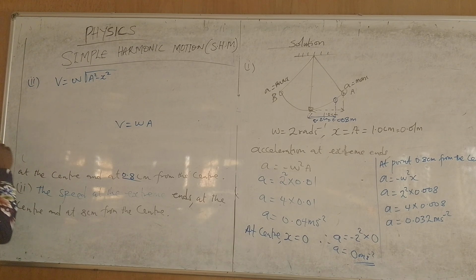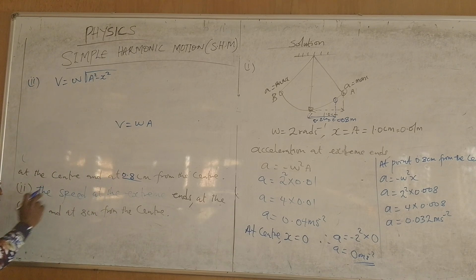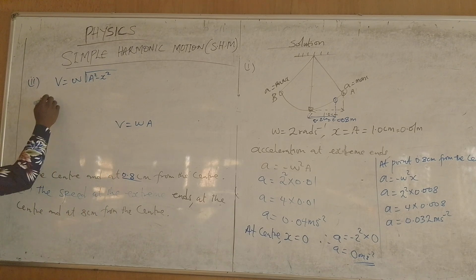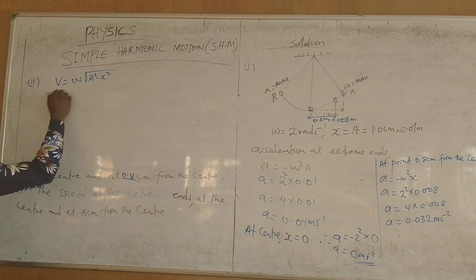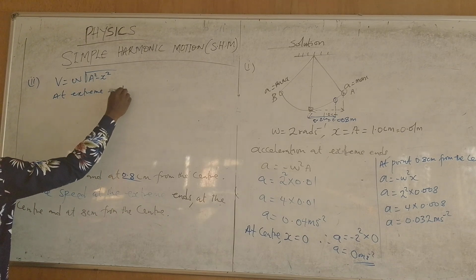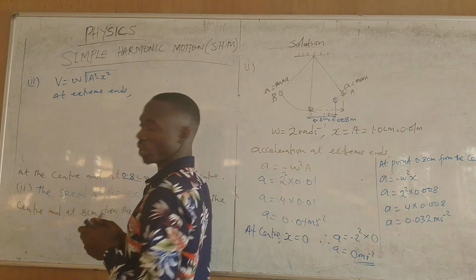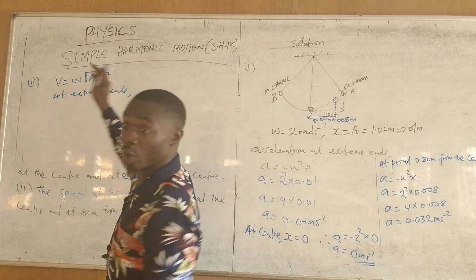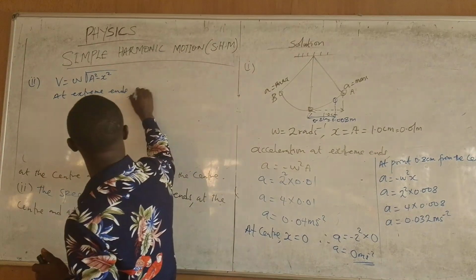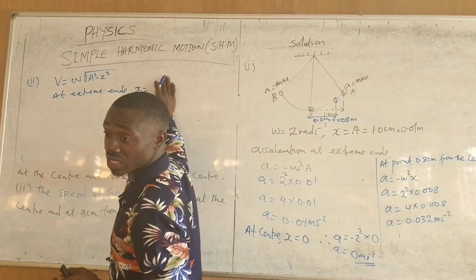Okay. v will now be equal to what? At the extreme ends. So at extreme end now, what is the value of x? Please always look for the value of your x first. Not even A, your x. We already know our A. So what is x at the extreme end?